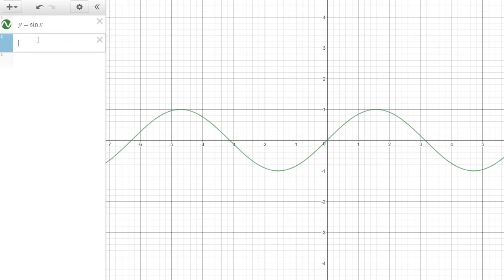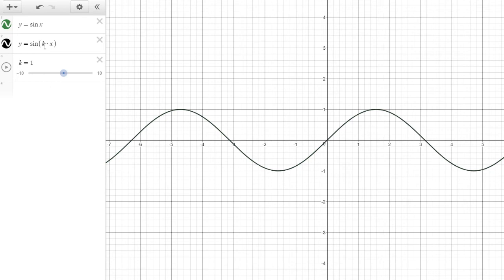So let's now replace that by y equals sine of k times x. Okay, now again we can choose this slider here, and that's the original function y equals sine x. We get the slider here.